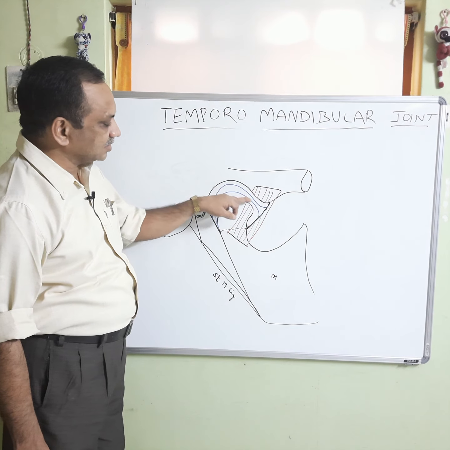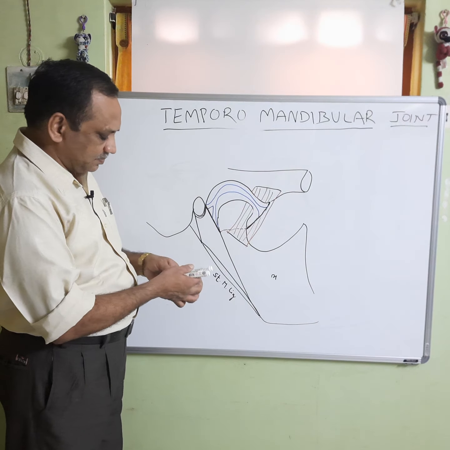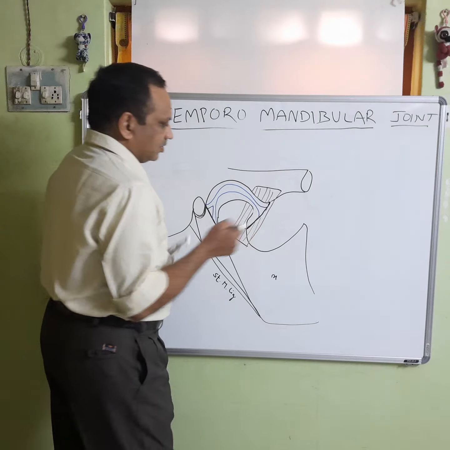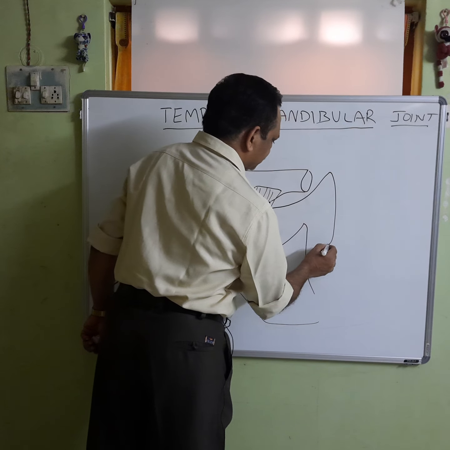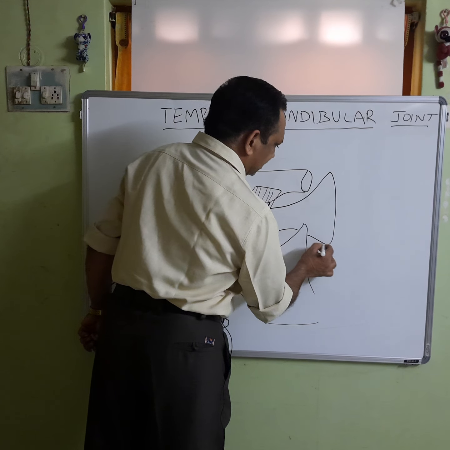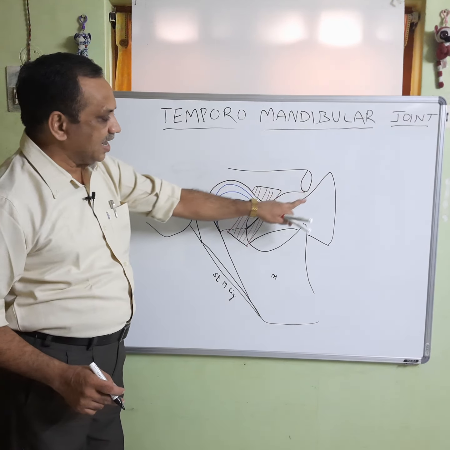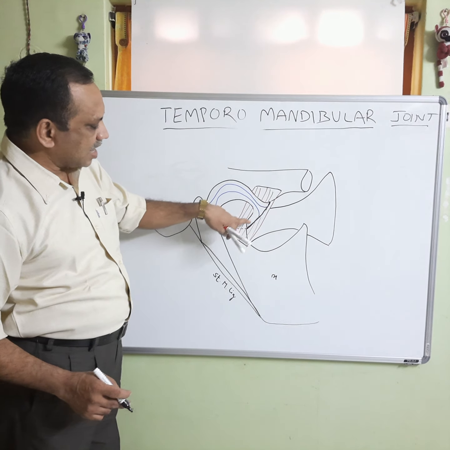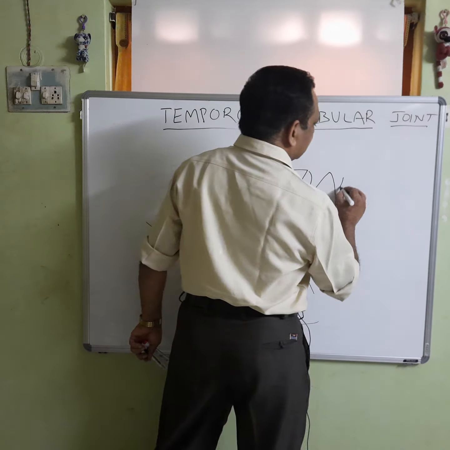This articular disc is attached to the joint capsule in front, and also it blends with the upper fibers of the lateral pterygoid muscle. The lateral pterygoid muscle is inserted here, and the fibers from the upper head join the articular capsule and the articular disc. So this is the lateral pterygoid.